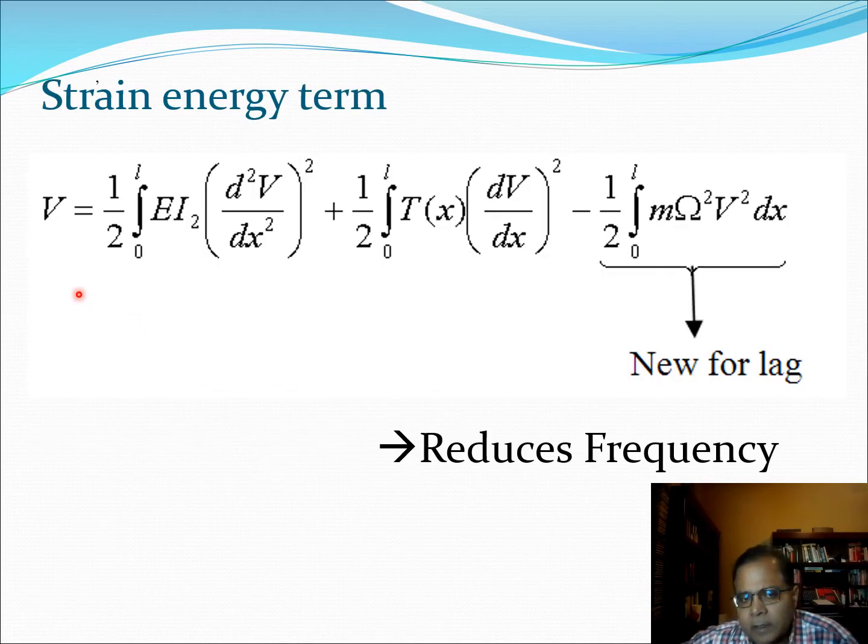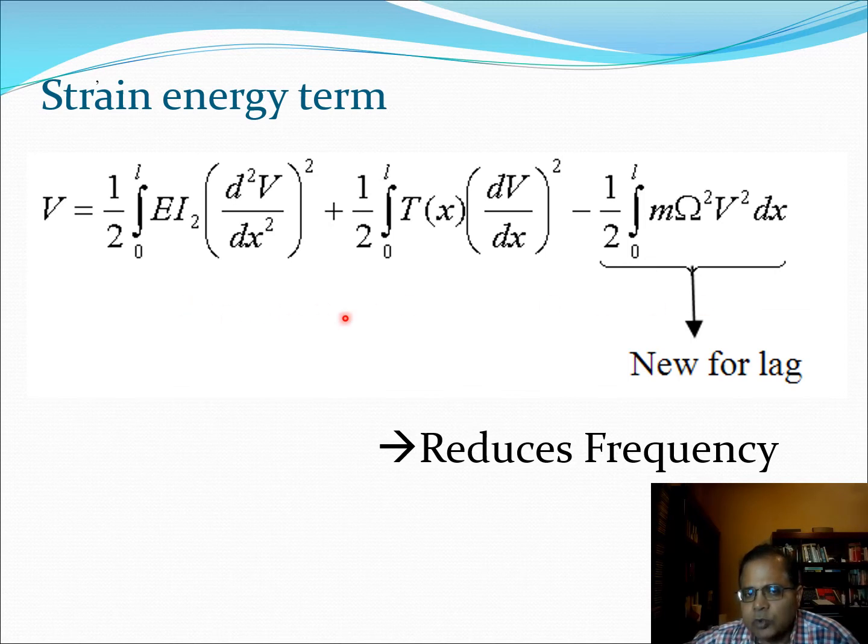Now let's look at the strain term. The strain energy term is given by V. Now if you look at the first term here, that's the flexural energy component. You have a component due to T, and then you have this extra term which is the nu for the lag term. This new term is going to reduce the frequency, and this is something which happens in lag bending.